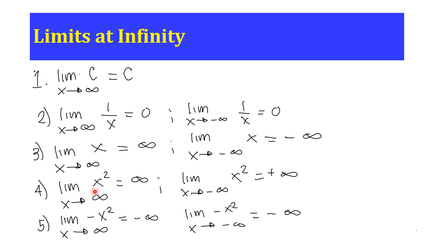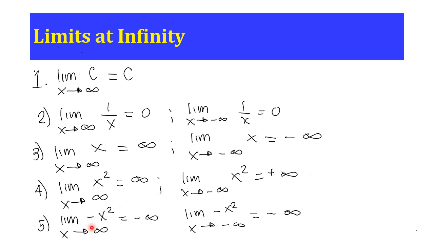The limit of x squared as x approaches positive infinity is equal to positive infinity. And the limit of x squared as x approaches negative infinity is equal to positive infinity. This is also good for all exponents that are even.